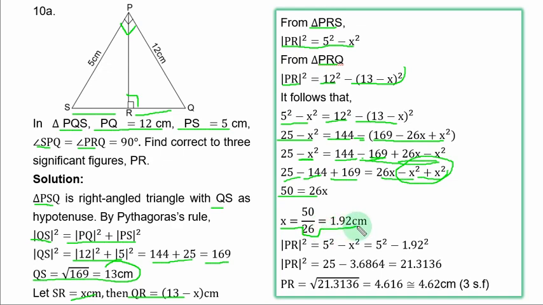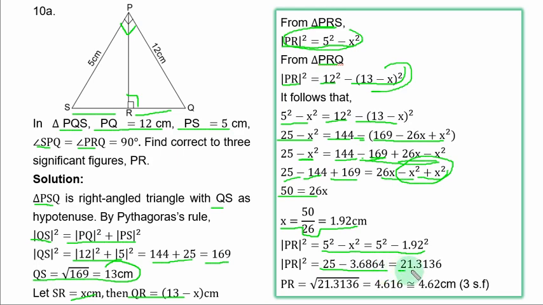We can get PR using this or this, but the first is simpler to use. So PR squared is equal to 5 squared minus x squared, that is 5 squared minus 1.92 squared for x, and that simplifies to 25 minus 3.6864.